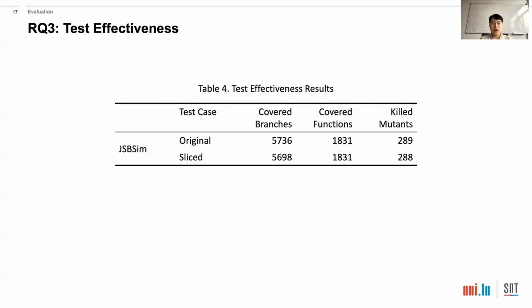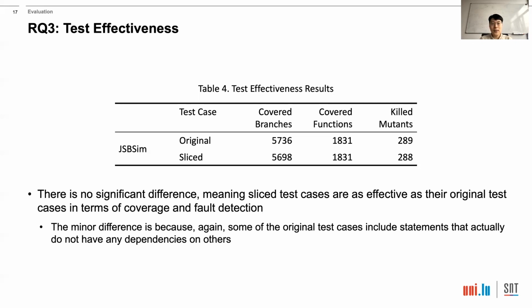As you can see, the original test case and the slice one do not have much difference, meaning that slice test cases are as effective as their original test cases in terms of coverage and fault detection. Of course, there is a minor difference, and this is again because some original test cases include useless statements that do not have any dependency on the other statements.